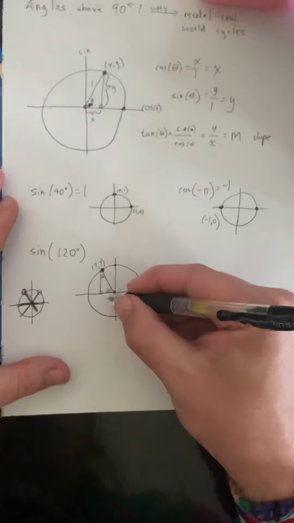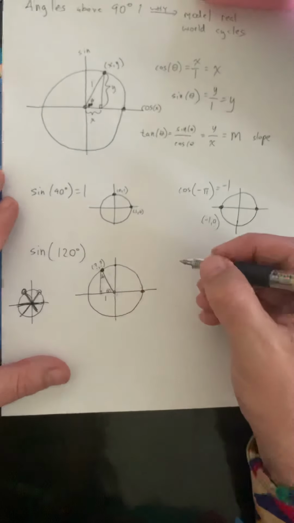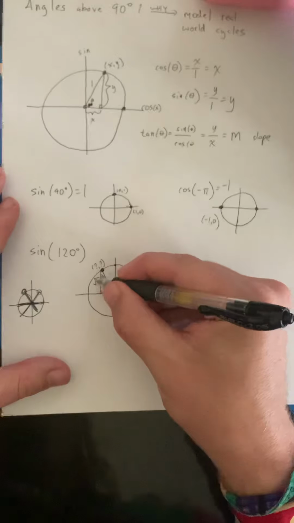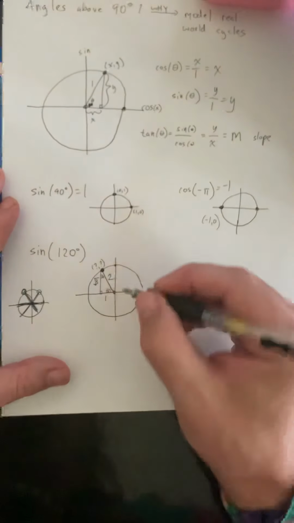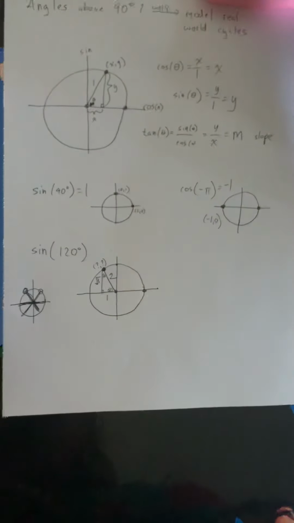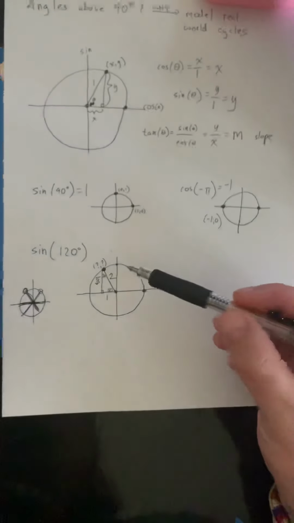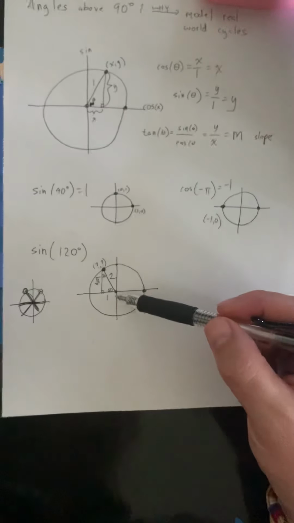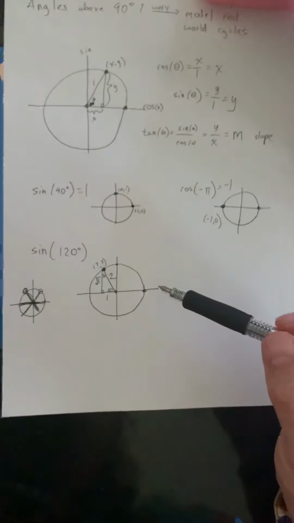The small leg of a 30, 60, 90 is 1. The long leg is root 3, and the hypotenuse is 2. Now you might say, wait a minute, I thought you said that this segment here is on the unit circle, it's a length of 1. Okay, you're right, it is.